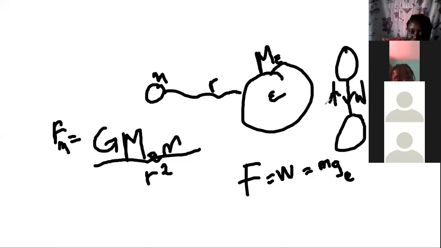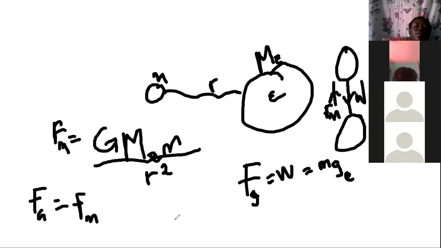So this is the gravitational force due to the gravitational acceleration. It means these two forces are equal in magnitude. The gravitational force equals that force, and you can denote it with a capital G.